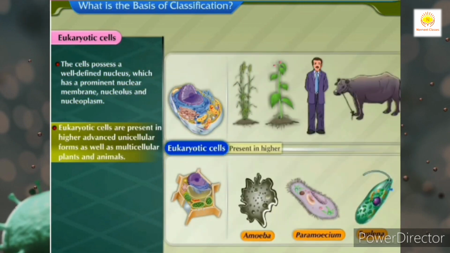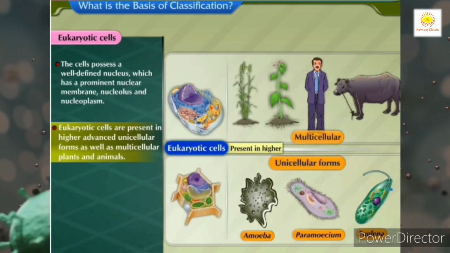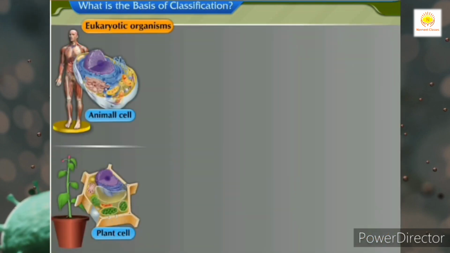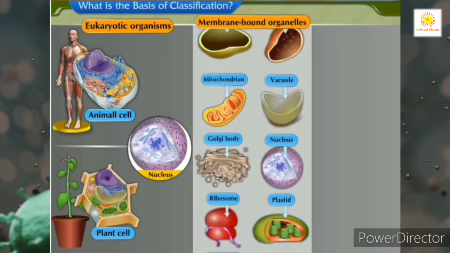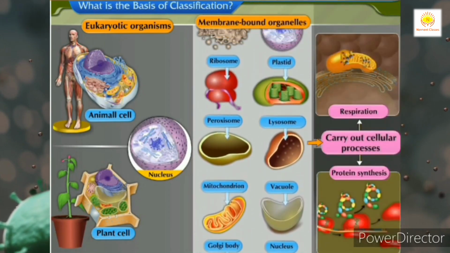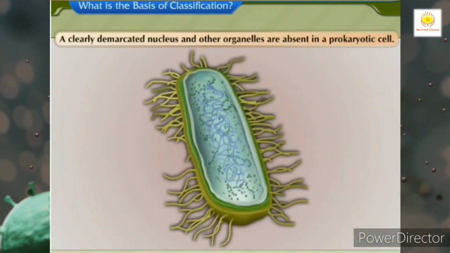Eukaryotic cells are present in higher advanced unicellular forms as well as multicellular plants and animals. Eukaryotic organisms have a prominent nucleus and membrane-bound organelles in their cells that carry out cellular processes efficiently in isolation from each other. But in a prokaryotic cell, a clearly demarcated nucleus and other organelles are absent.